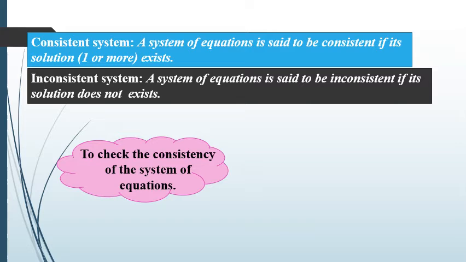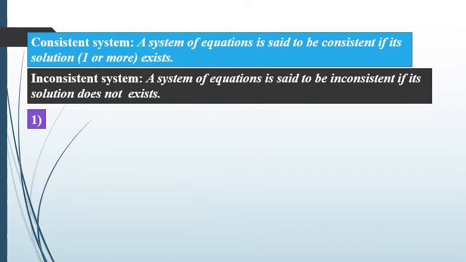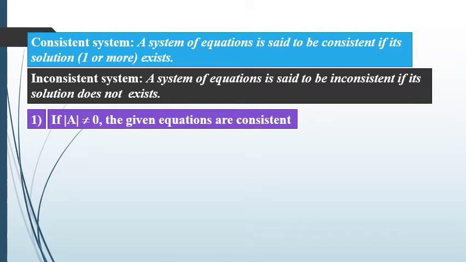So to check the consistency of the system of equations, we use the equation A into X is equal to B. So we have three cases here. If determinant of A is not equal to 0, then the given equations are consistent.